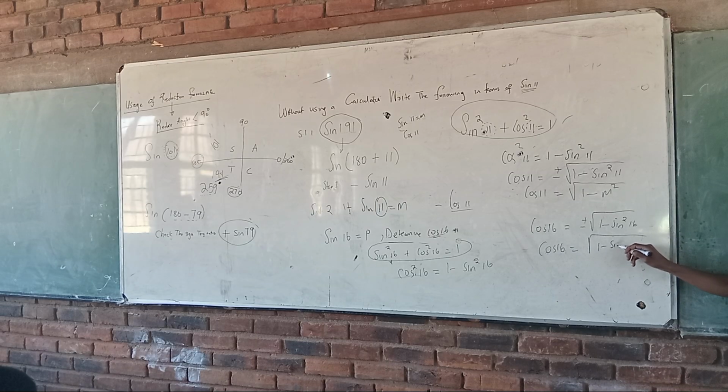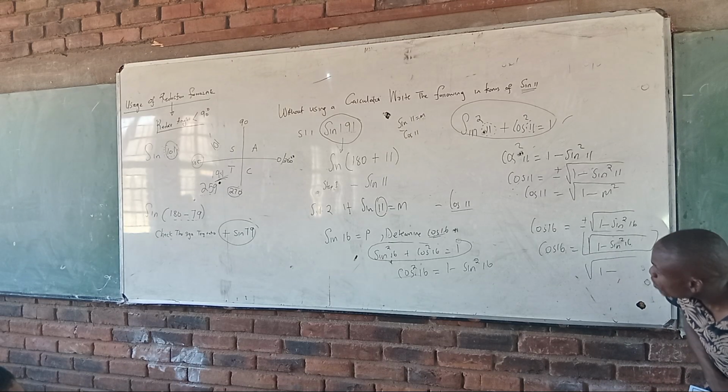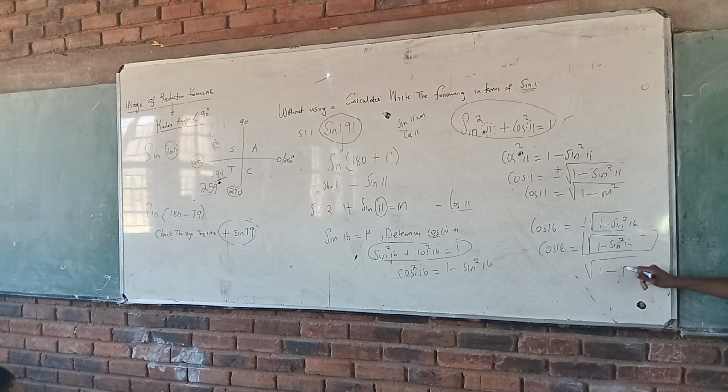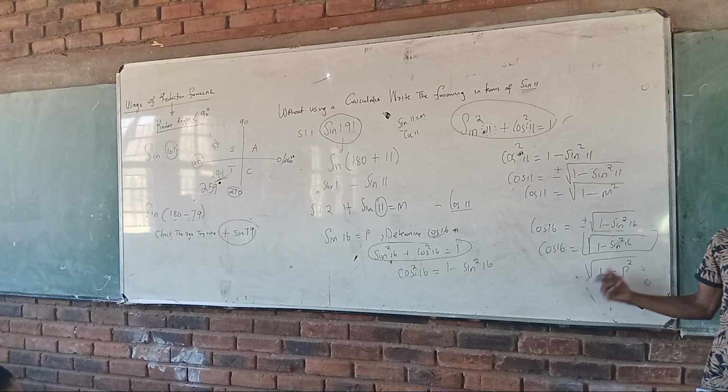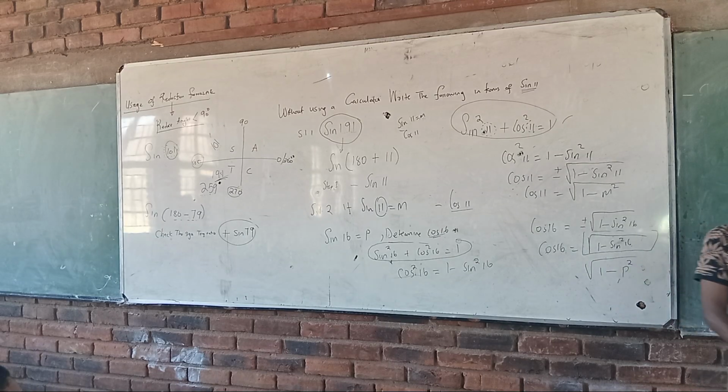It can't be negative because 16 is in the first quadrant and all trig ratios in the first quadrant are positive. So cos 16 is the square root of 1 minus sine squared 16. And we know that sine 16 is p. So we say 1 minus p squared. So cos 16 is the square root of 1 minus p squared.